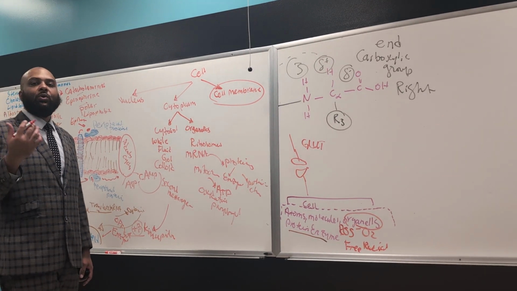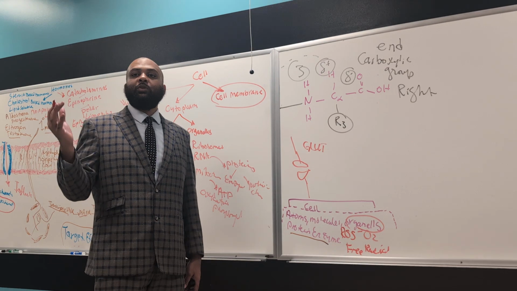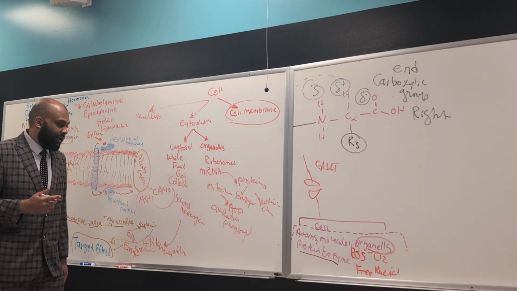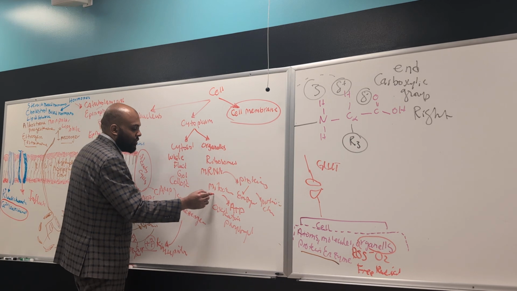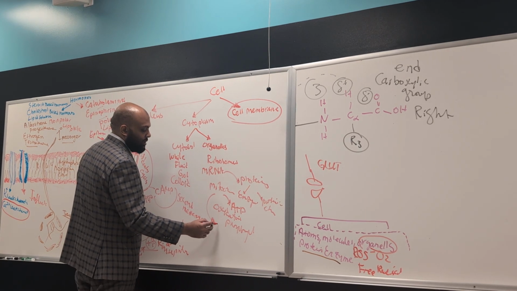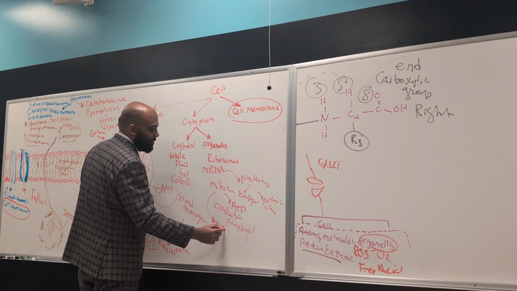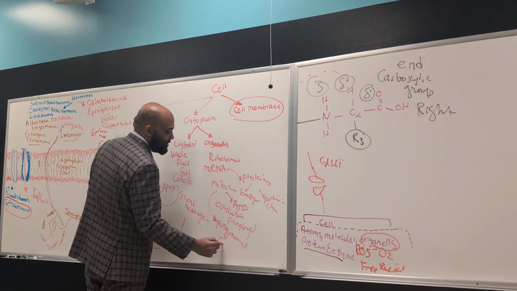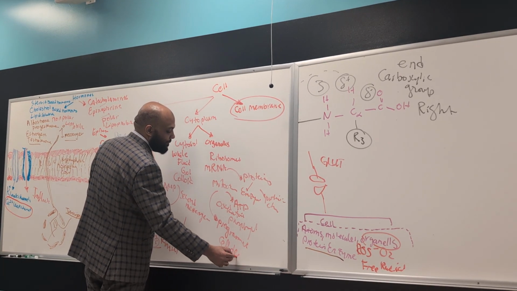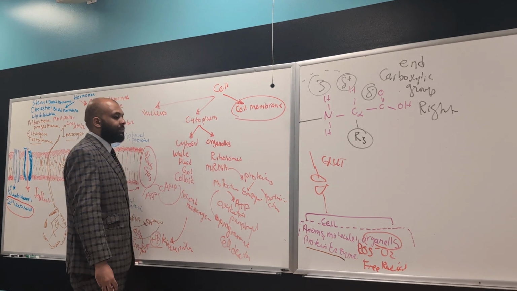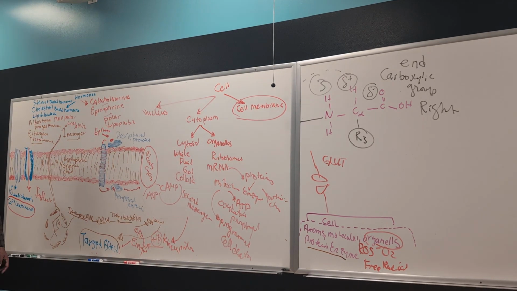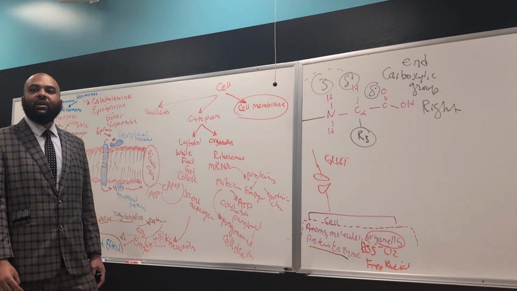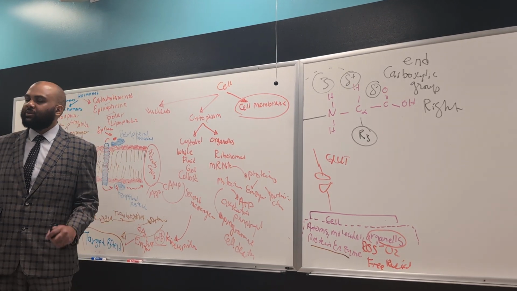When the cell is so damaged and it needs to be removed and properly disposed of, then the mitochondria is going to elicit programmed cell death. That's the mitochondria. You have the lysosomes. The lysosomes are there to fight any infectious microbe.